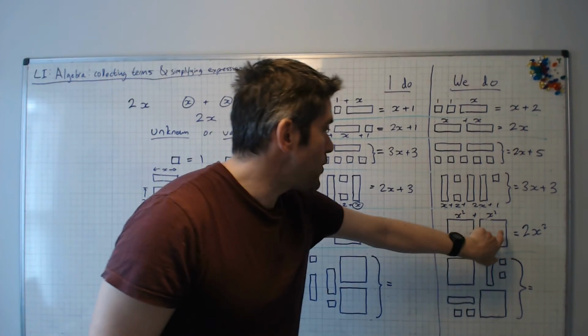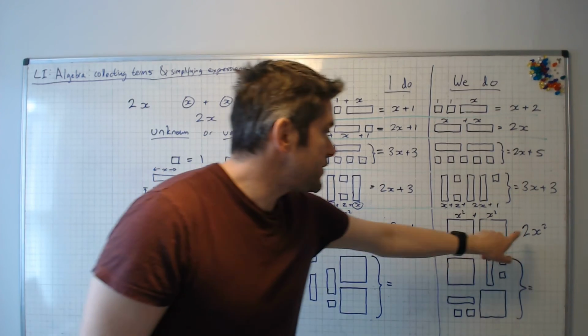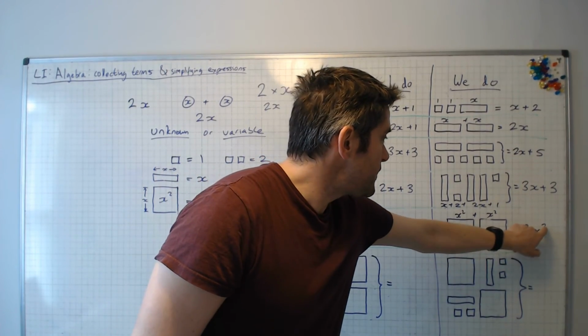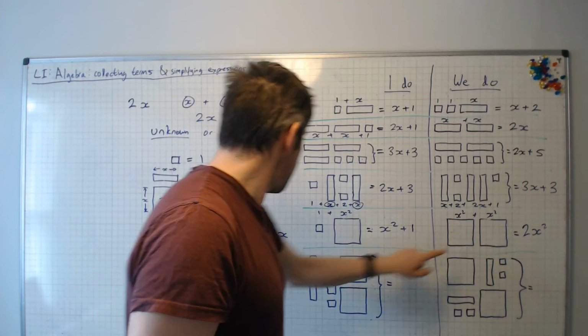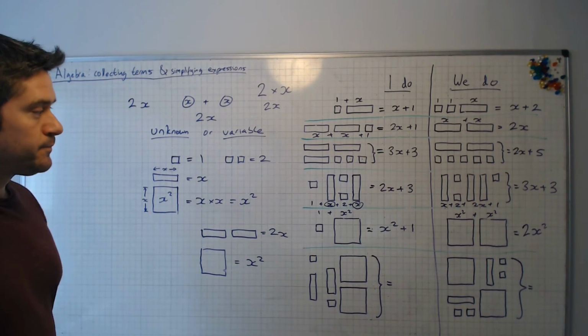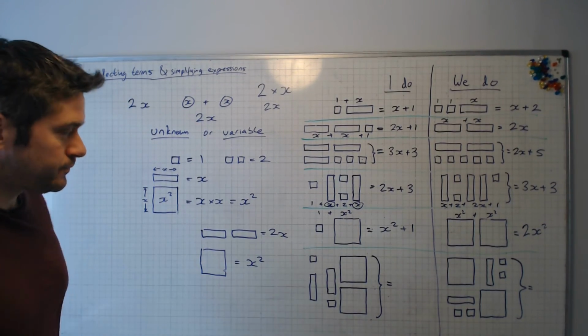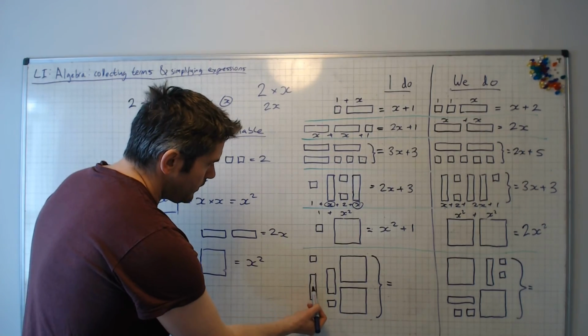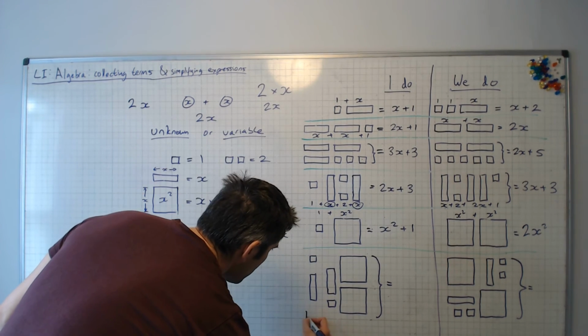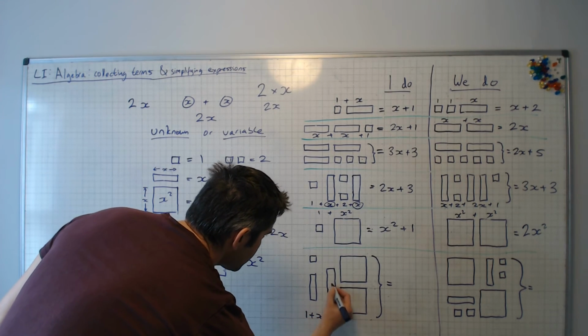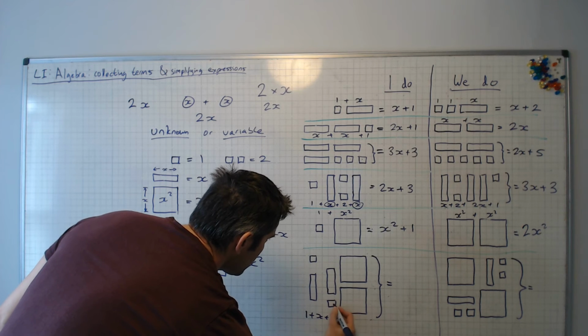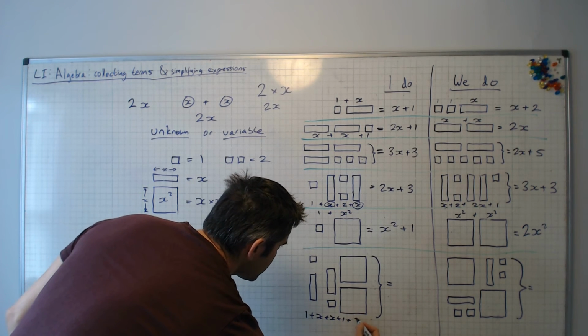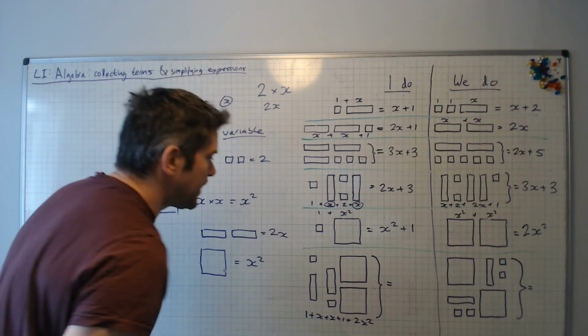And in this case, you had 2 of them. So that's where the 2 at the front comes from. And the little 2 up here, the squared, is because they are the x squared blocks. Okay, last question. I've got 1 plus x plus x plus 1 plus 2 x squareds again.